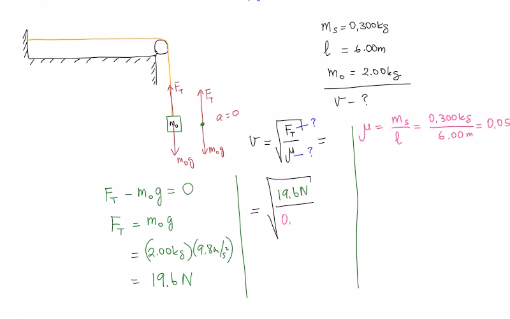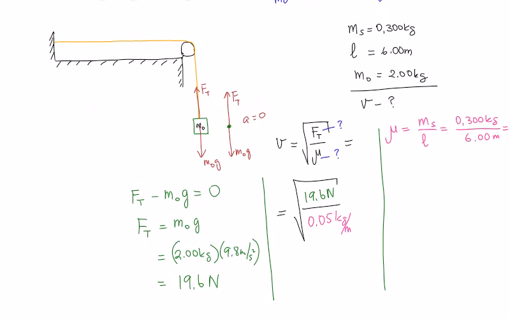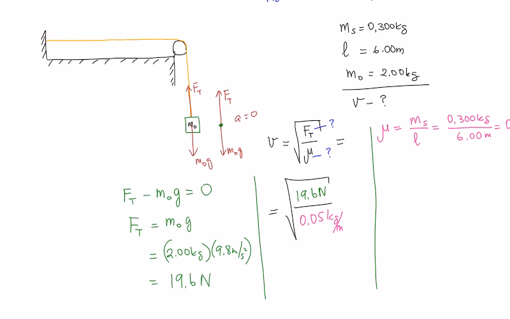Next, we plug it into our calculator, and this gives us a value that equals 19.8 meters per second. So this would be our answer.